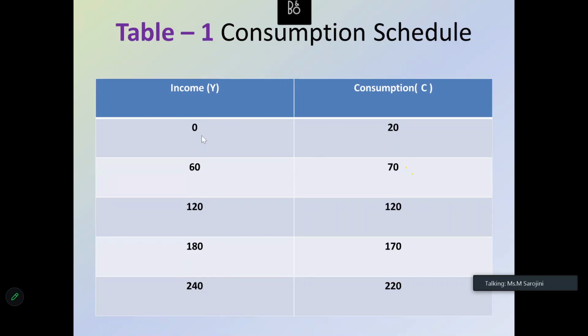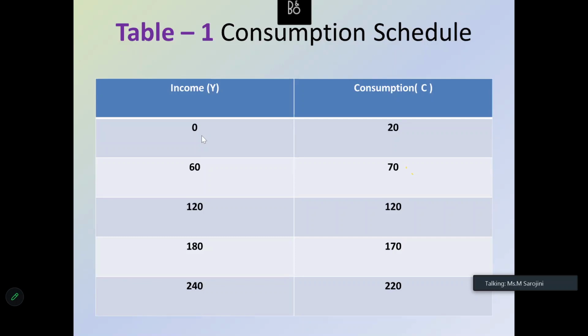Also, here we know the APC is equal to C divided by Y. One of the properties is that once the income increases, the average propensity to consume decreases because people spend less income on consumption when the income increases.